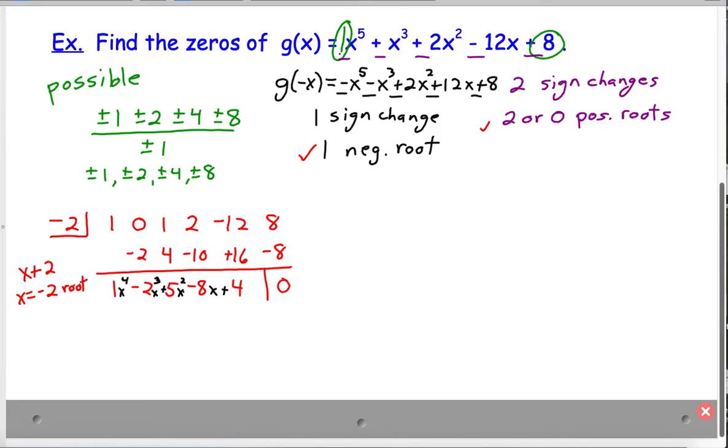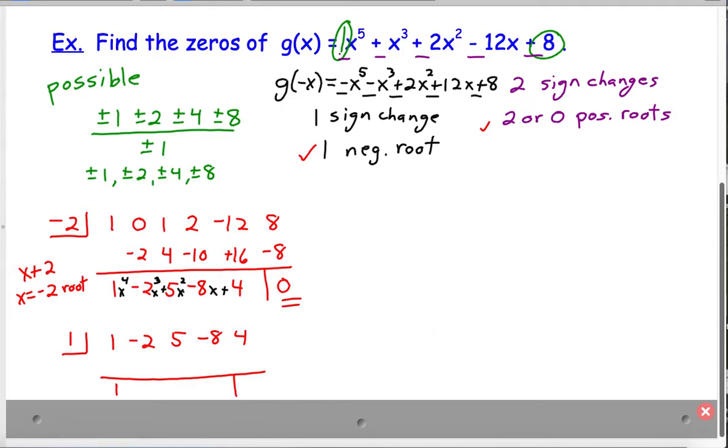Let's try a 1. And you know, if it doesn't work out, if you get a remainder, then that's not a possibility, you try another one. All right, so now let me try a positive 1. And I have coefficients 1, negative 2, 5, negative 8, and 4. And I'm hoping for a remainder of 0.